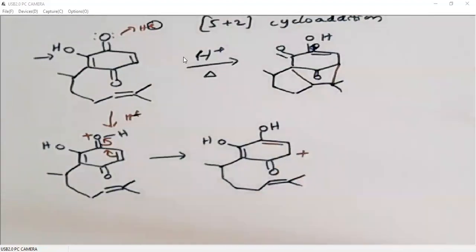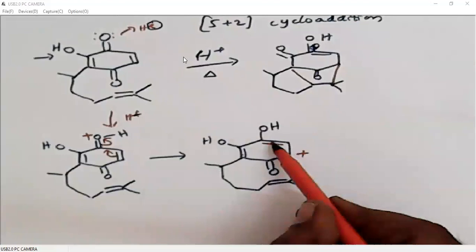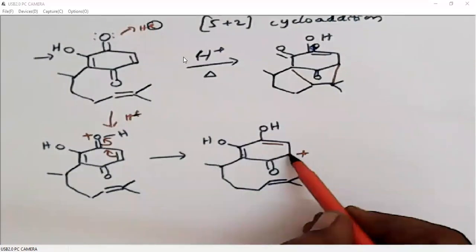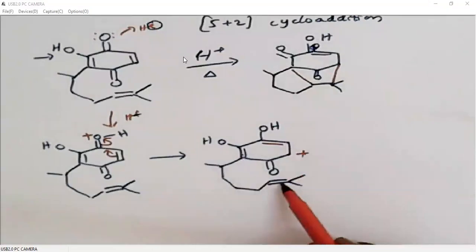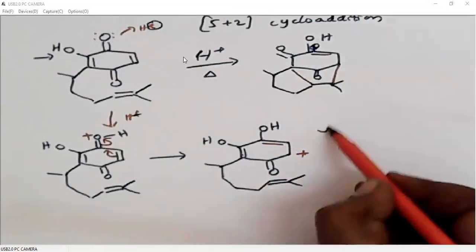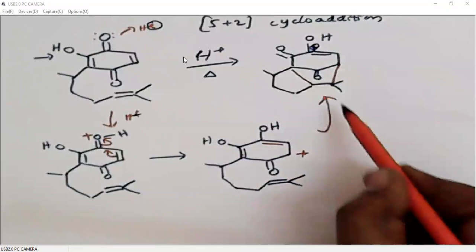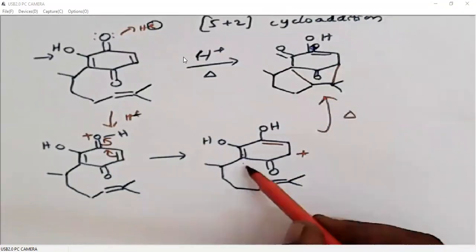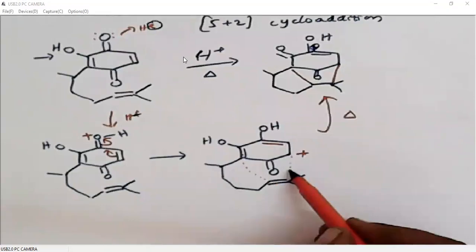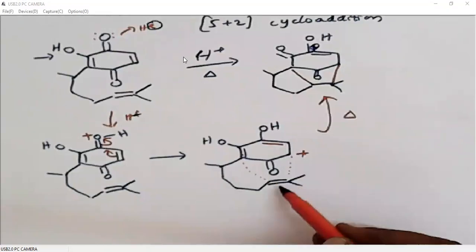Now look, these two are the double bonds and this is the positively charged center. So 1, 2, 3, 4, 5-membered system. Of course, we have a 2-membered dipolarophile. So now they will undergo cyclization under the same thermal conditions. We can polarize the double bonds also.